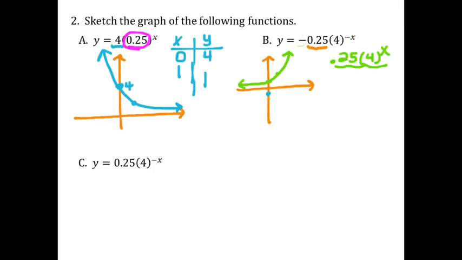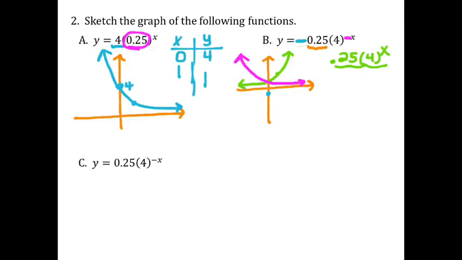Now let's consider those negative signs. First of all, since the negative is on the x, that's going to reflect my graph over the y-axis. And so I have the same graph, but reflected like this.